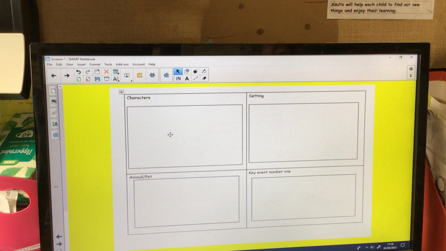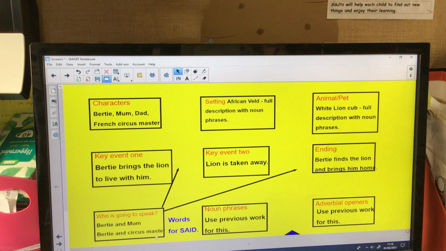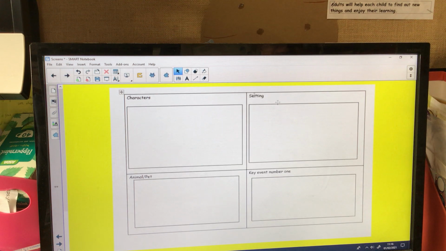A box for your characters, a box for your setting, animal, your key event number 1, and then it's key event number 2, and then it's your ending, and then it's who is going to speak, and all the things I've got on here, it's on your planning sheet. So you can see it's not a big planning sheet. I only want jottings, just the important things for your story.